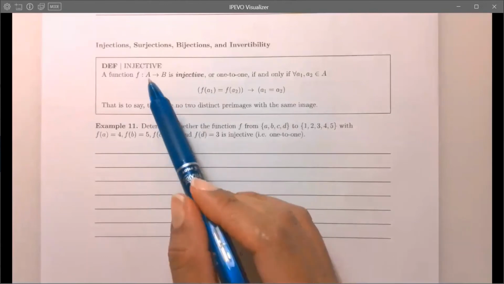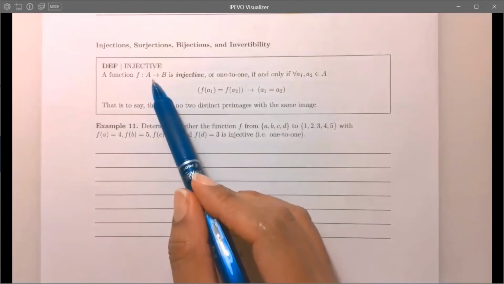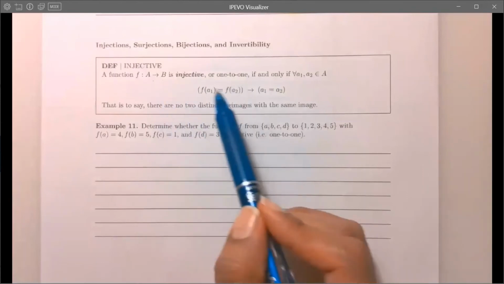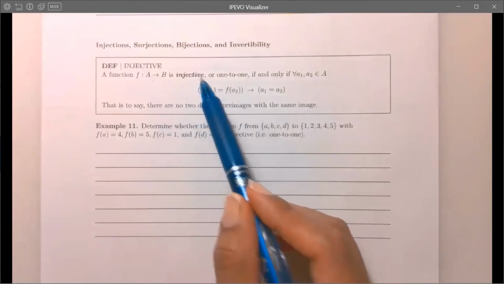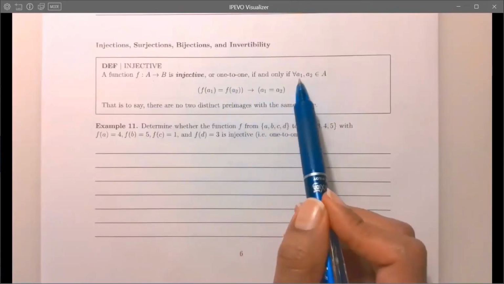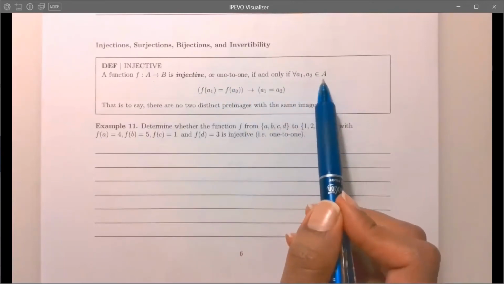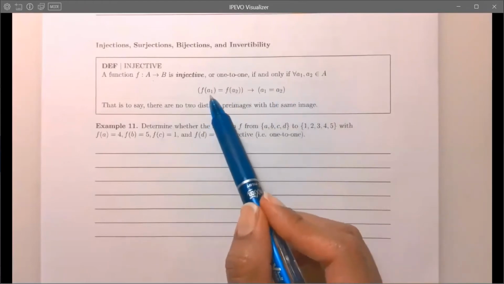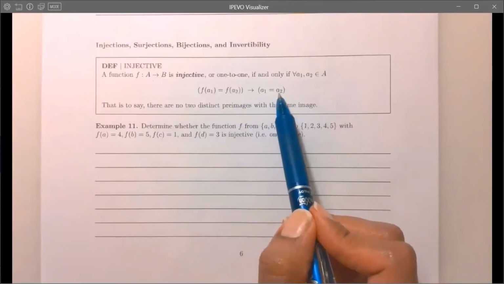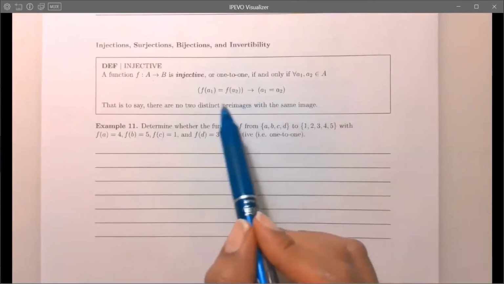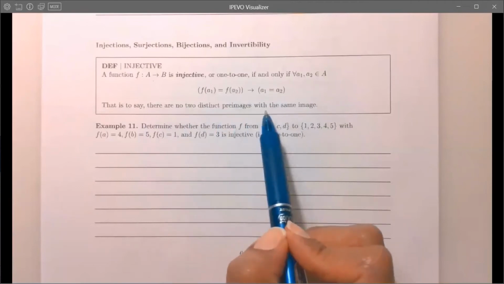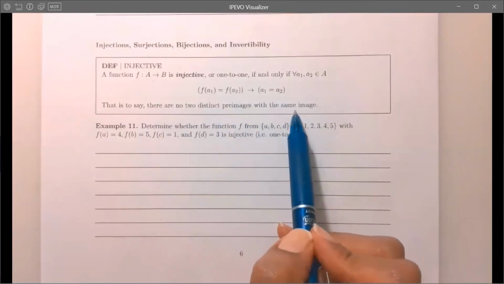Again, we're going to pretend the domain is represented by A and the codomain is represented by B. We say that f is injective, also called one-to-one, if and only if for any two elements that are part of the domain, f of a1 equal to f of a2 implies that a1 equals a2. So what that means is that there will be no two distinct pre-images with the same image.